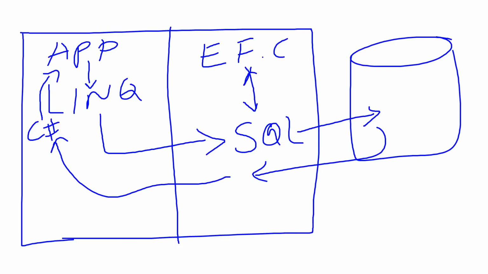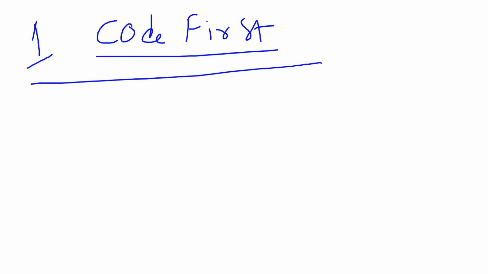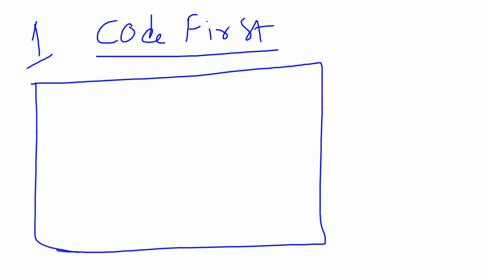There are two main approaches of this Entity Framework Core. The first one is the code first approach. In this code first approach, consider that this is our application. First we will build the ORM, object relational mapping.